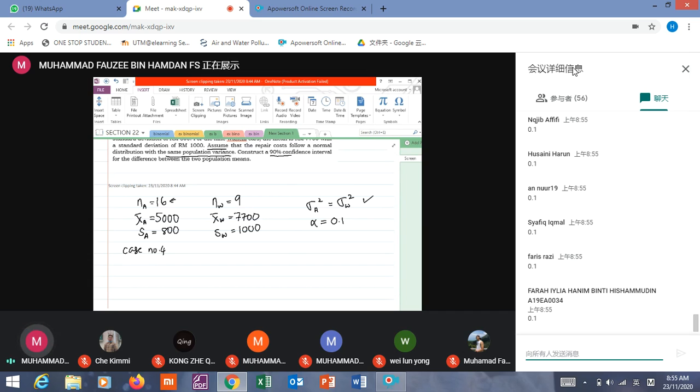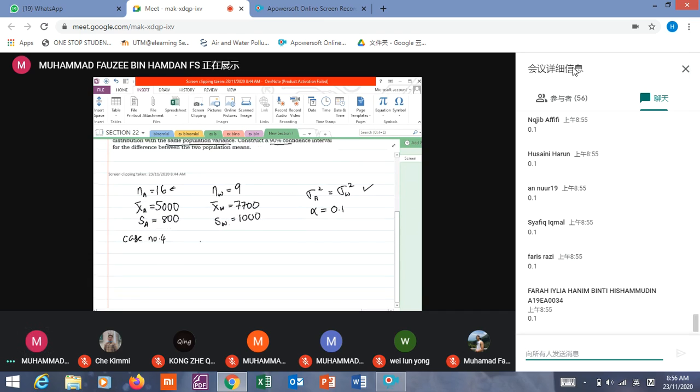Now look at the formula. Case number 4: T equal to X bar 1 minus X bar 2 minus mu 1 minus mu 2 over SP multiply with square root of 1 over N1 plus 1 over N2, and this follows T with N1 plus N2 minus 2 degrees of freedom.